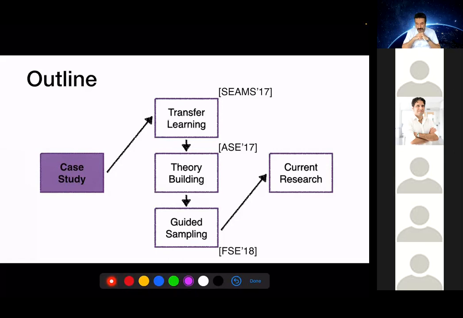I would probably like to spend more time on the current research we are doing, specifically in terms of performance optimization, as well as this recent work we started in terms of exploiting causal inference for reasoning about performance and finding performance faults. So I may skip some of these middle steps depending on the time.